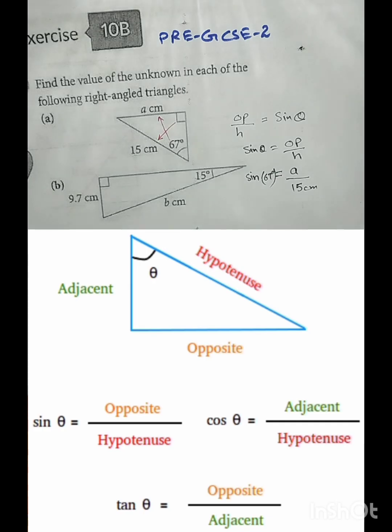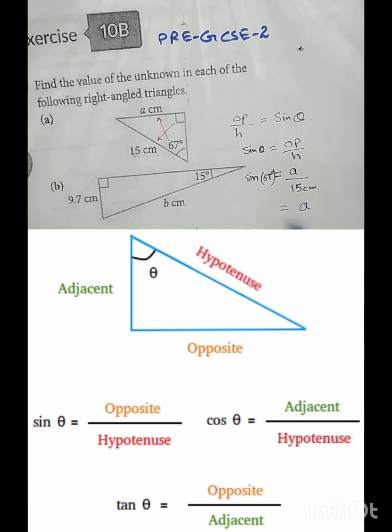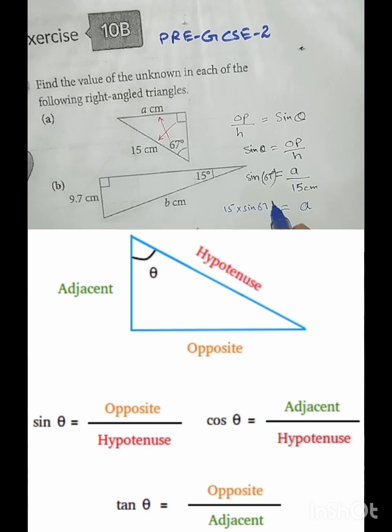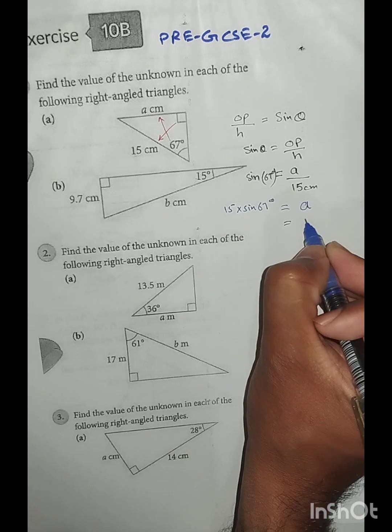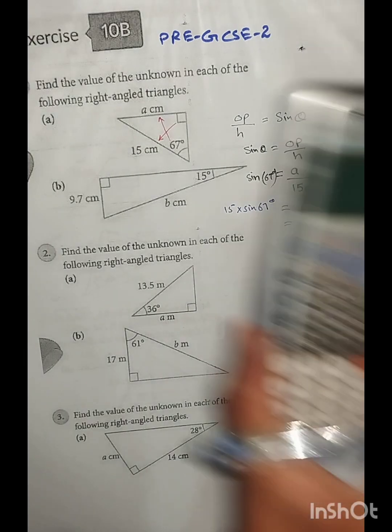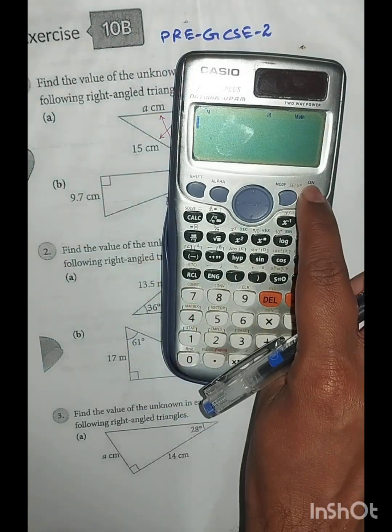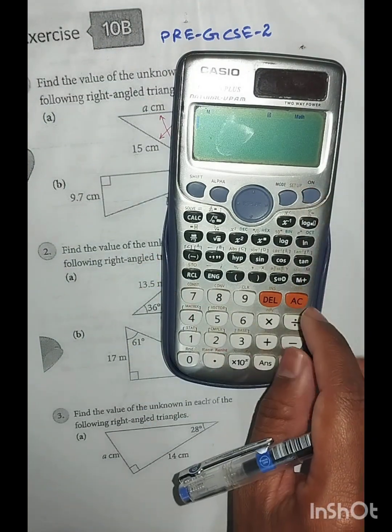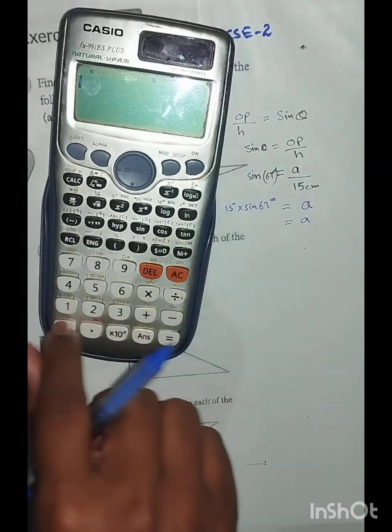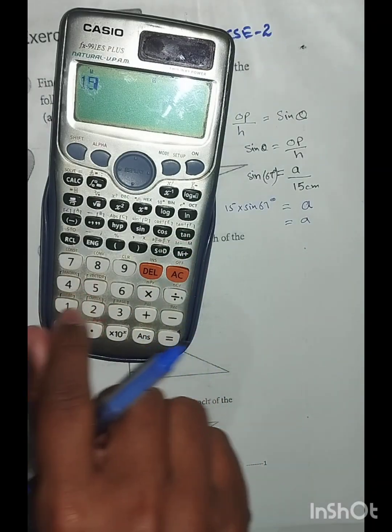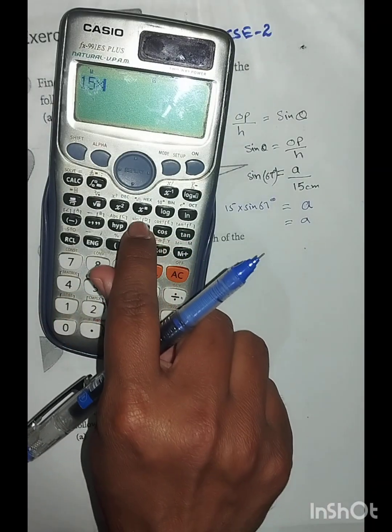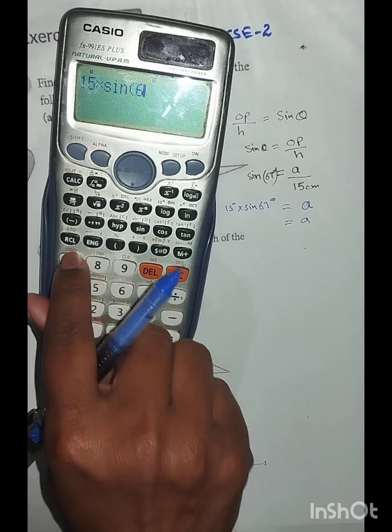So to figure out the size of A, I will multiply 15 with sine 67. How can I use the calculator to figure this out? Let me show you. I turn on the calculator and put in my values: 15, multiplied by sine of 67 degrees.